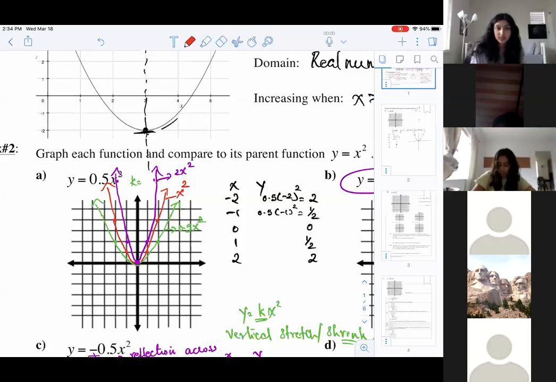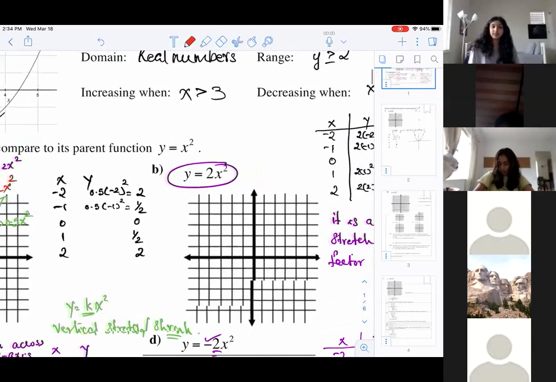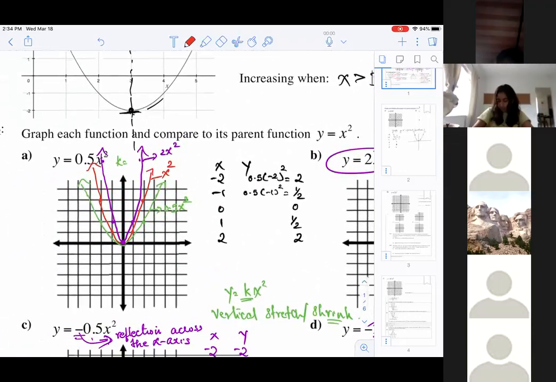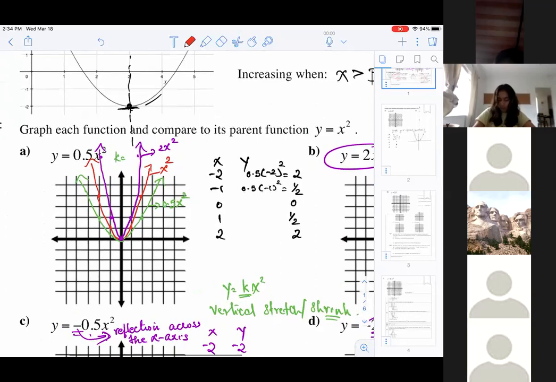No problem. And B, I did B in purple on the first one. The reason I did all three on the first one was to show how it's steeper and how it's wider.